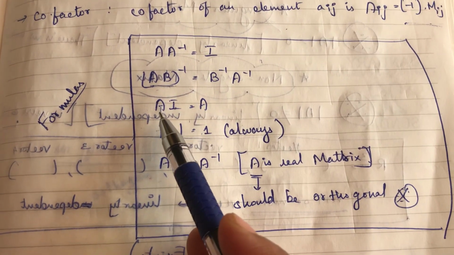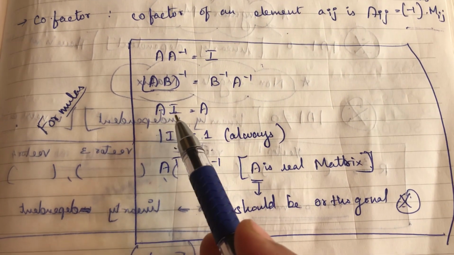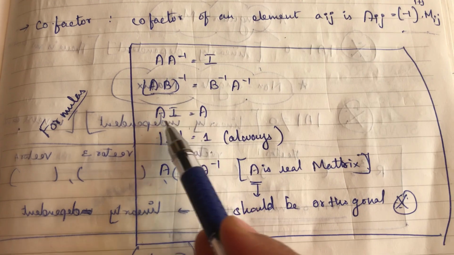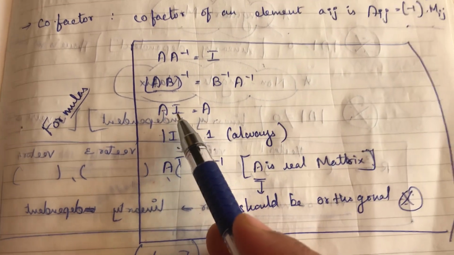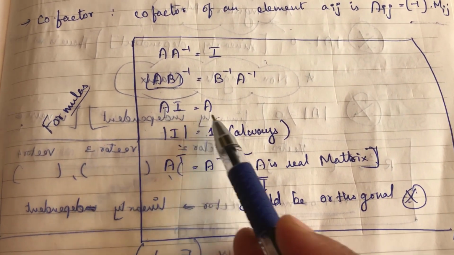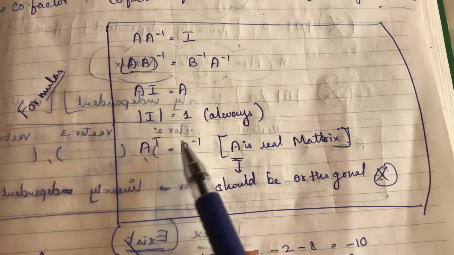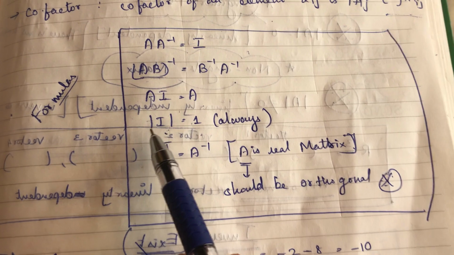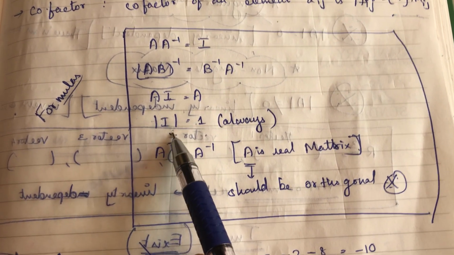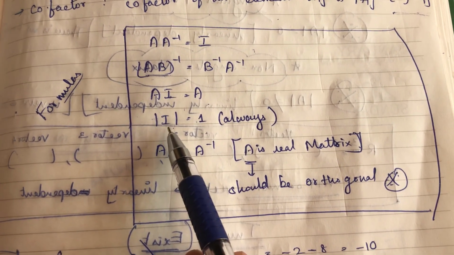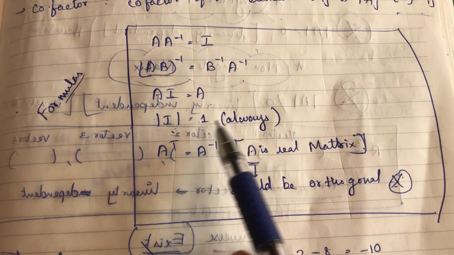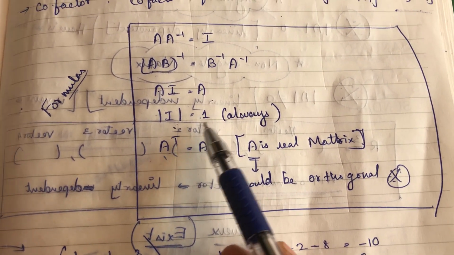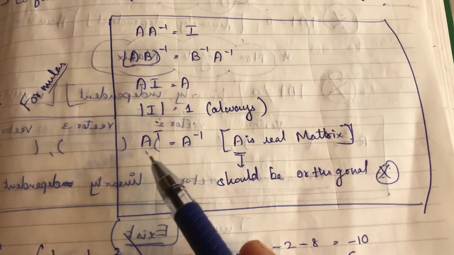Then the third formula is A into I, which is equal to I into A, which equals A. Just think of this I as 1, so A into 1 gives A. Then when we take the determinant of the identity matrix I, the answer will always be 1. We have seen this in the properties, right?